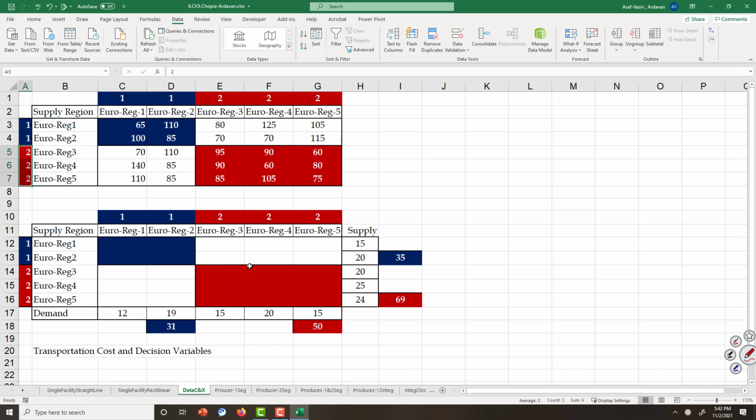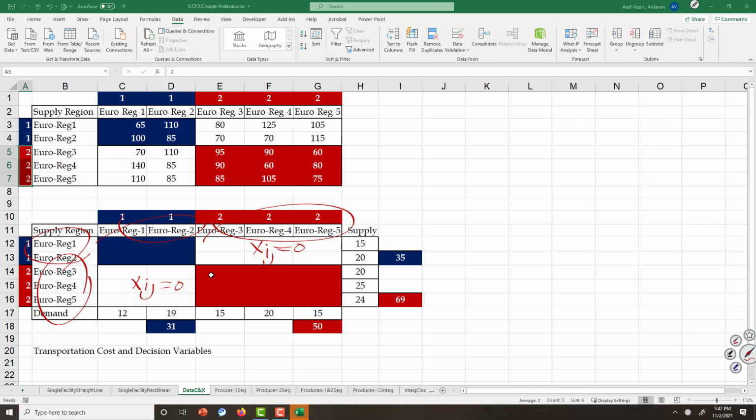And for example, we cannot have a number here. We cannot have Xij greater than 0. It should be 0, and Xij should be equal to 0, because this firm has nothing with these markets, and this firm has nothing with these markets.